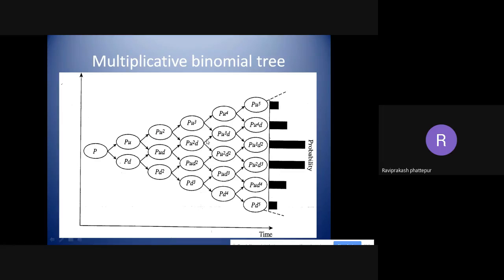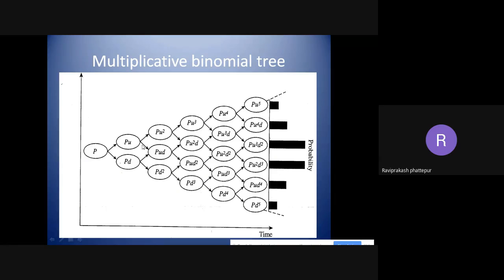If you go on for multiple years only in the top position, what happens? p, pu square, pu cube, pu raised to 4, pu raised to 5, because we are multiplying by u every time. But this may not be the case. If you decrease it by d, it will go on decreasing: p, pd, pd square, pd cube, pd raised to 4, pd raised to 5, and so on.